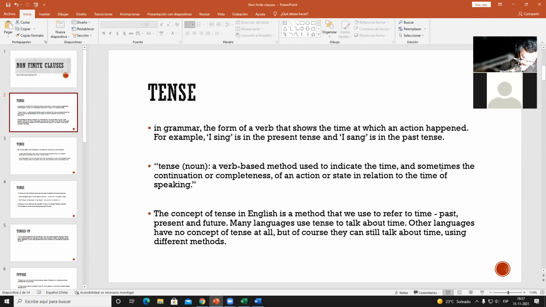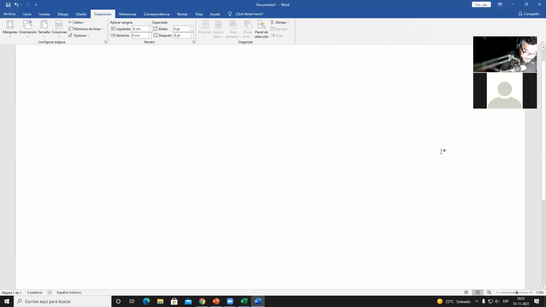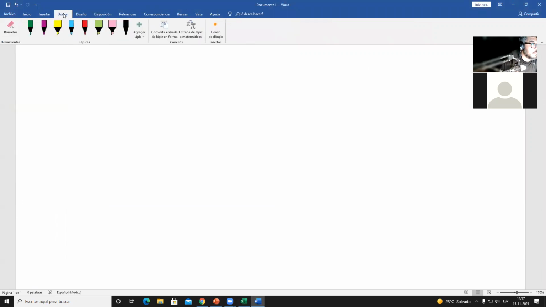Tense is the grammatical representation of time. Okay, so with this, we have to state a difference, okay? So we have the idea of tense.